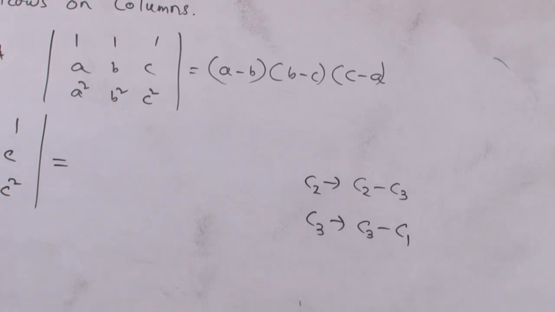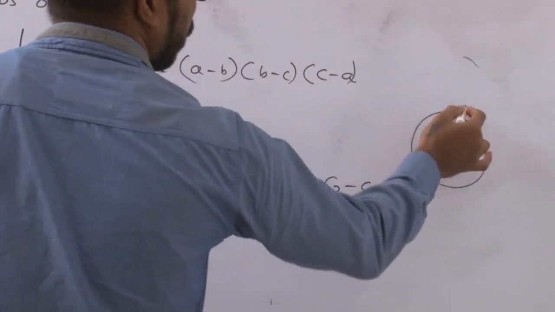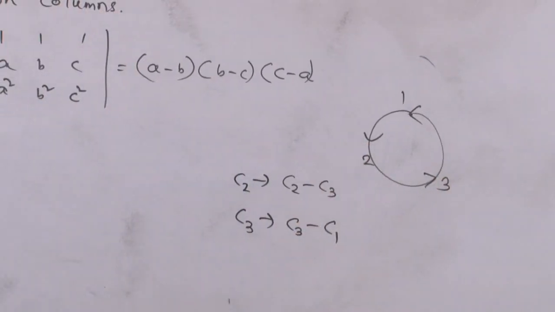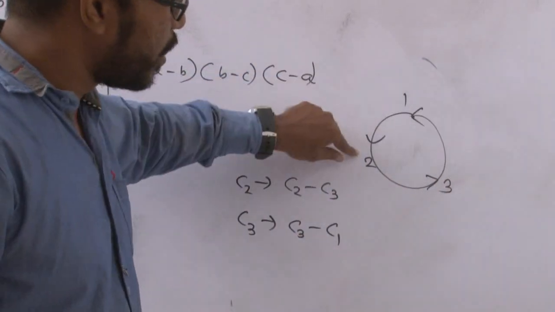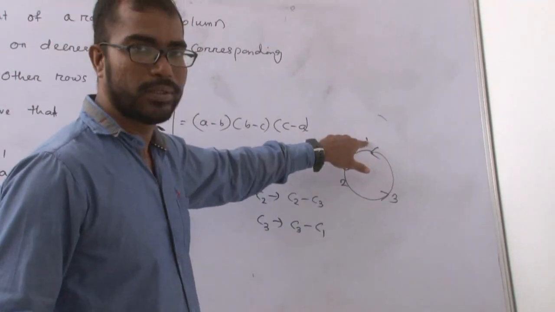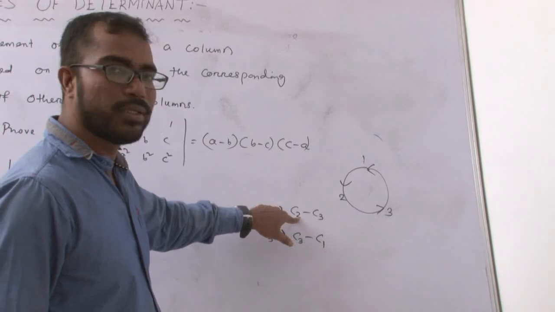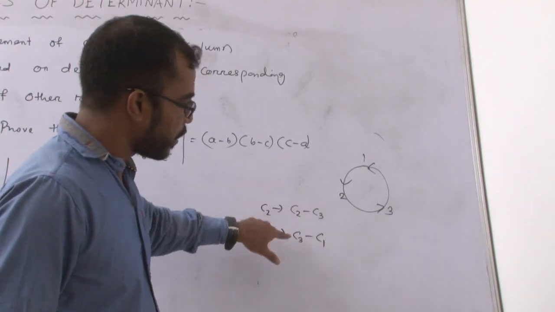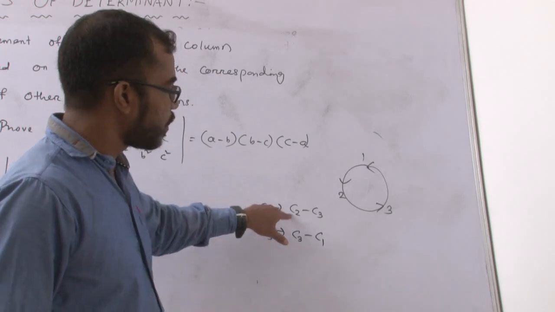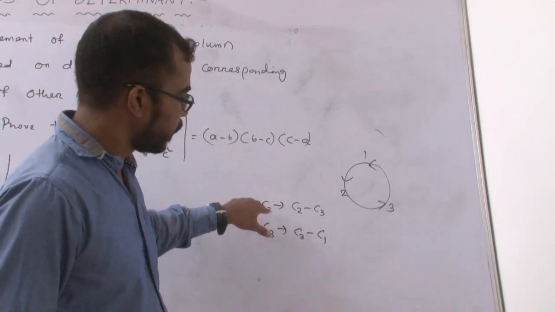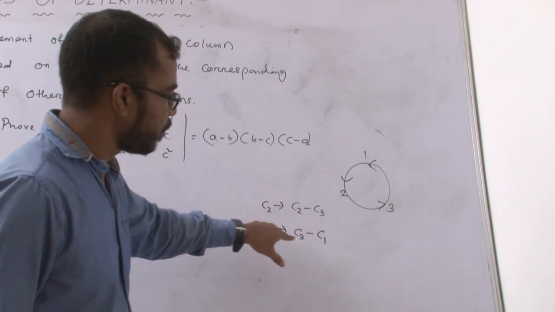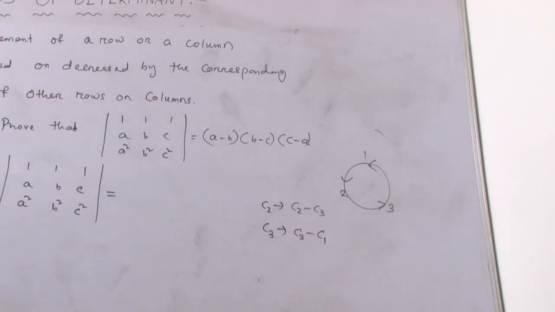It's a cyclic process: 1, 2, and then 3. That means 1 minus 2, or 2 minus 3, or 3 minus 1. So column 2 is replaced by C2 minus C3, and column 3 is replaced by C3 minus C1.